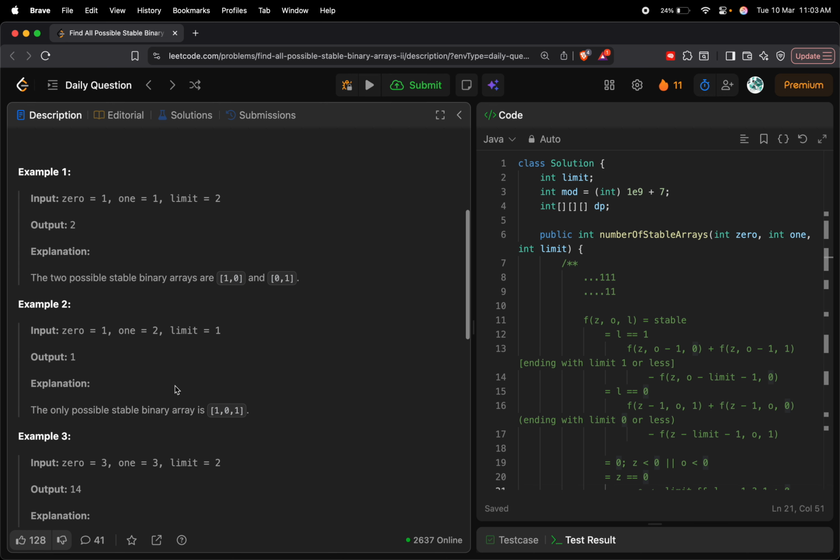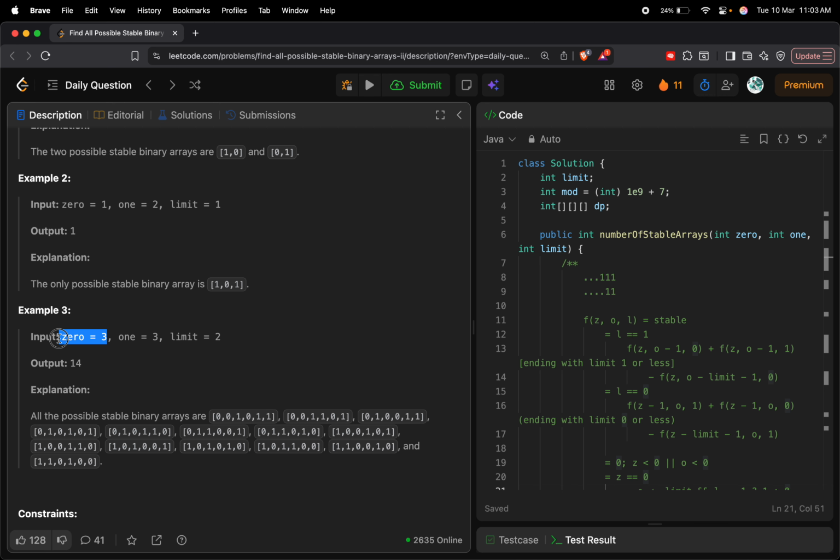If you look at the example, I have three zeros and three ones available, and limit is 2. That means if I choose any subarray whose length is greater than 2, it should contain both zeros and ones. If I choose a subarray of size 3, it contains both zeros and ones. No matter which subarray you choose, every subarray will contain both ones and zeros, and the array also contains three zeros and three ones.